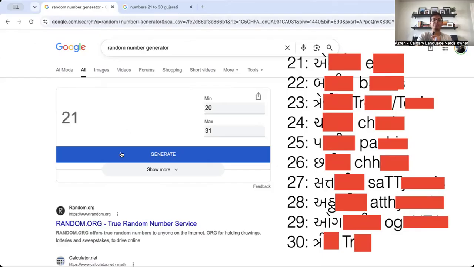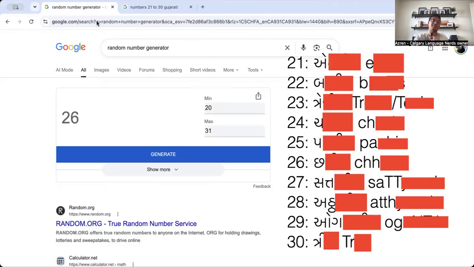Let's keep going. 21. Ekvis. 29. I forgot myself. Ogantris. In my brain, I was like, what's 29? Ogantris. 22. Bavis. 25.